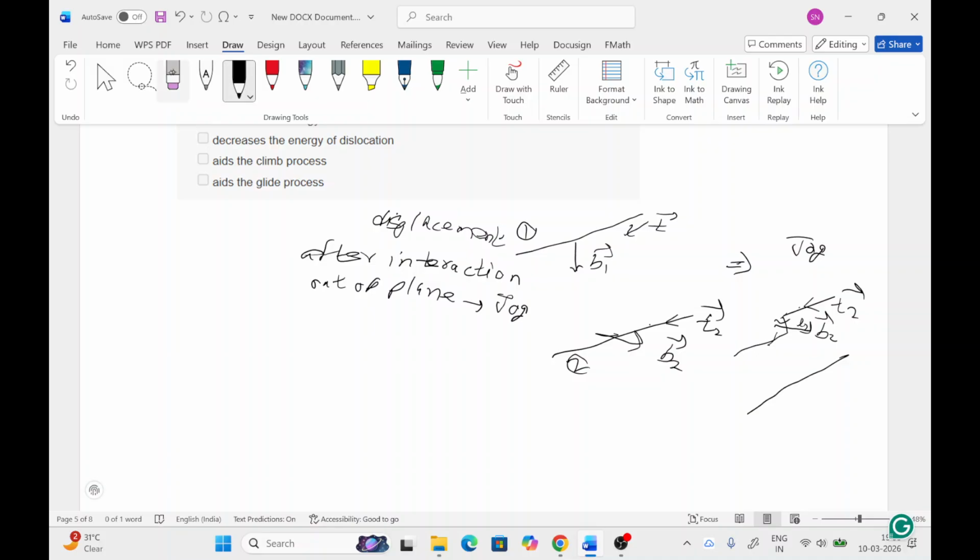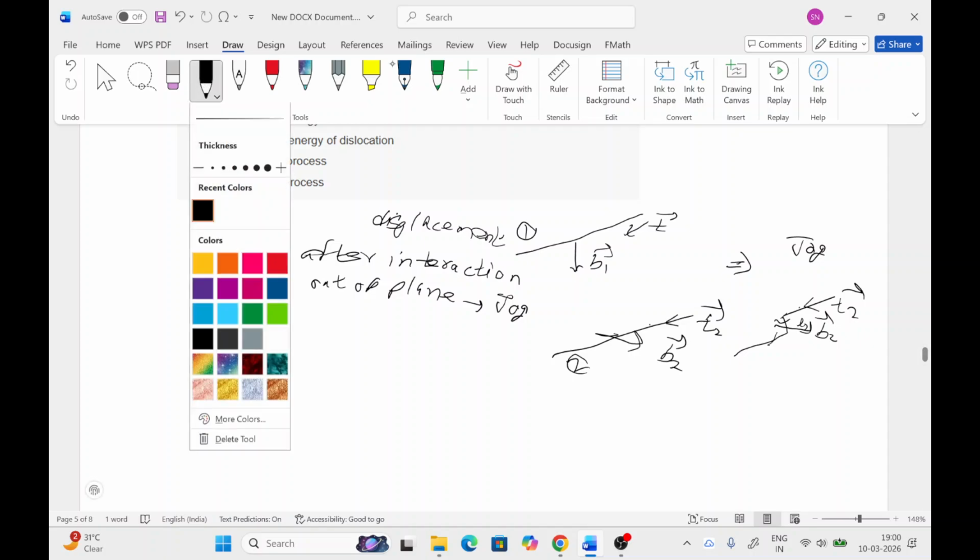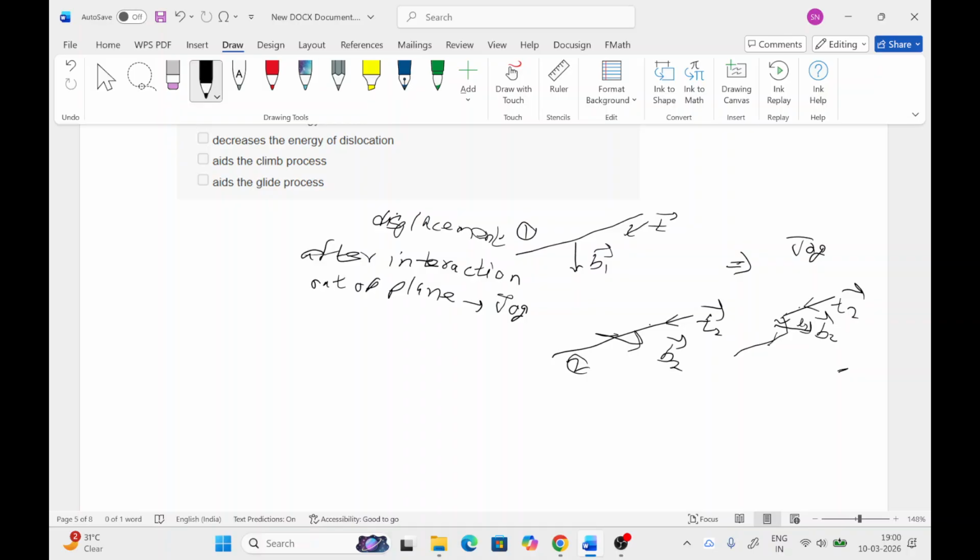And for the first dislocation, because the Burgers vector for 2 is in this direction, it will displace like this.